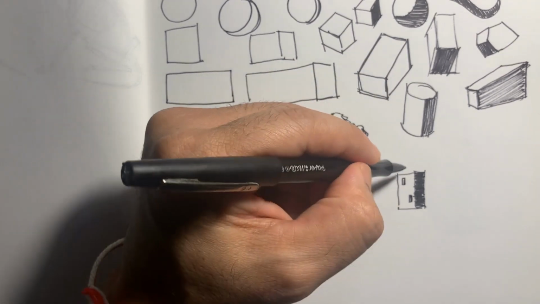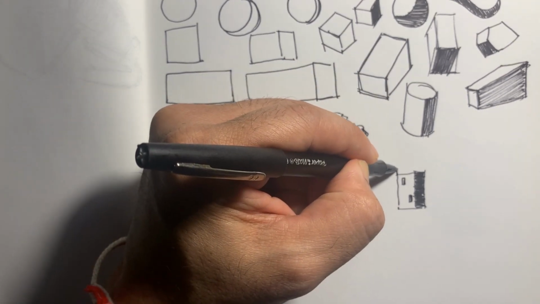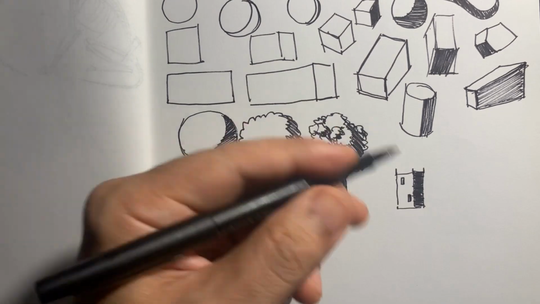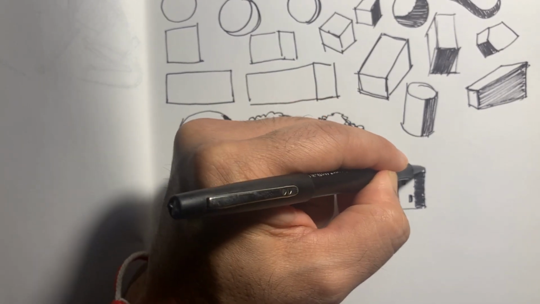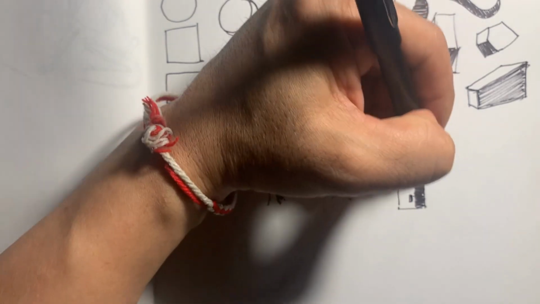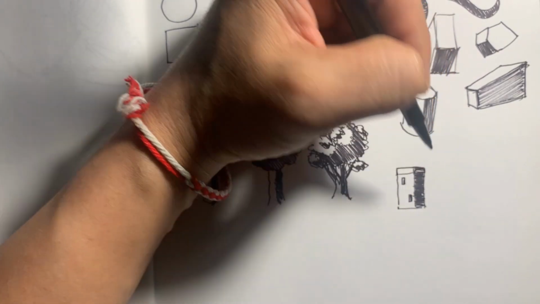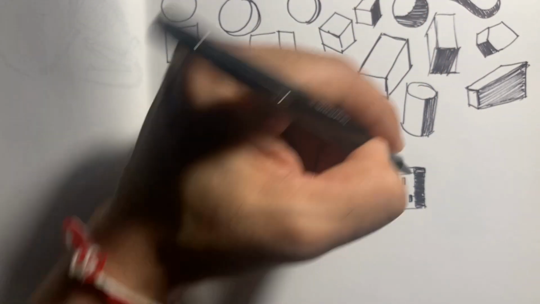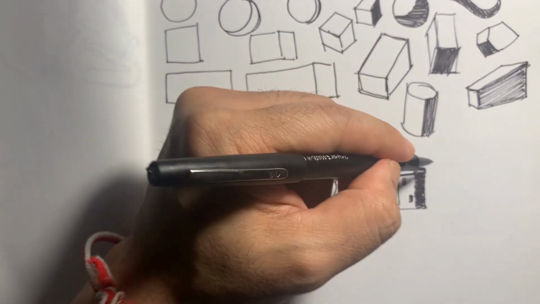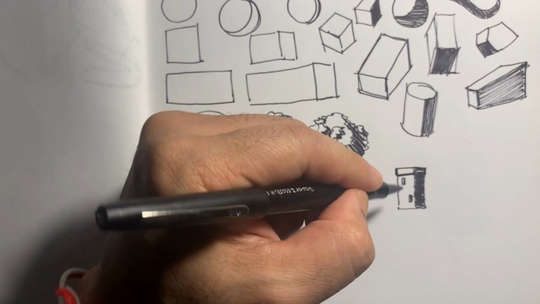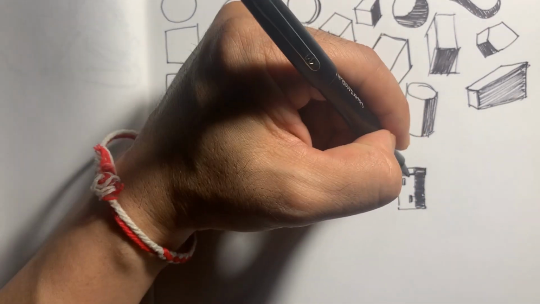So I find this helpful to understand what I'm drawing. And since the topic is from imagination, you have to simplify it for yourself. And even if I were looking at reference, I would still simplify it.